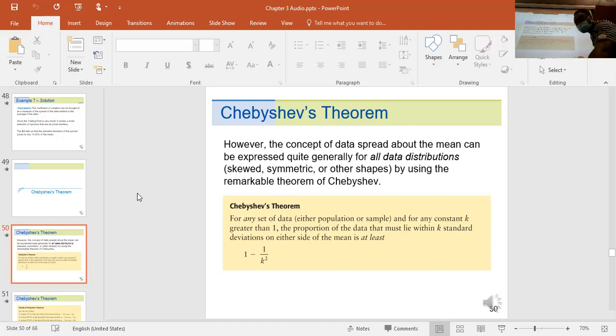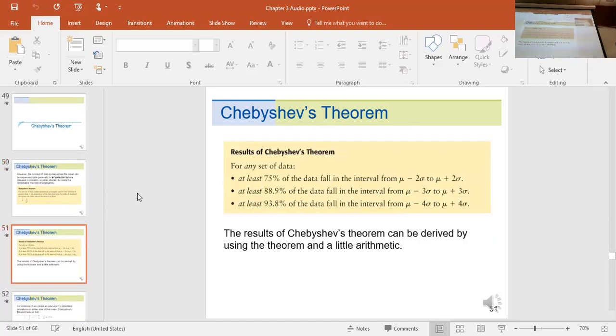I usually give you some standard computations. So within 2 standard deviations, we could do 1.5, 1.1, provided K is greater than 1. But because we like integers, we are only doing integers here because it's easier to compute.